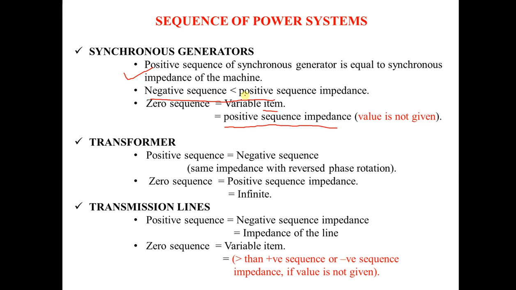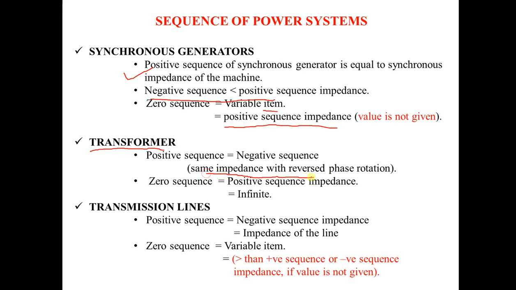Next is the transformer. The transformer has the same impedance with reversed phase rotation, so the positive and negative sequence impedances will be equal, equal to the impedance of the transformer.